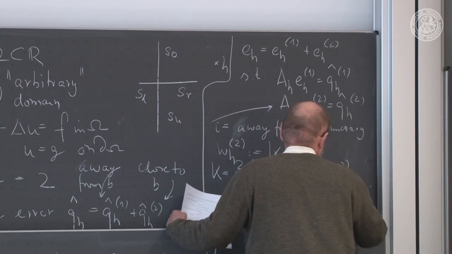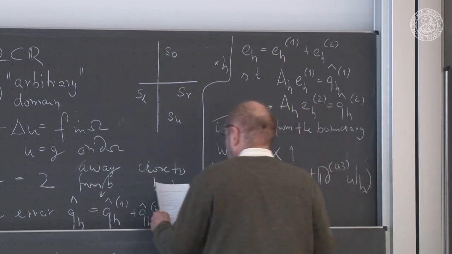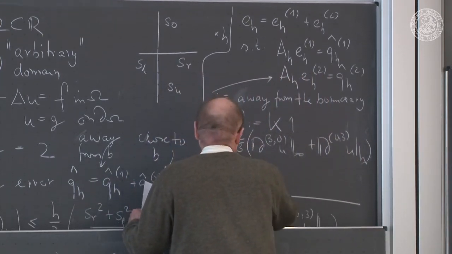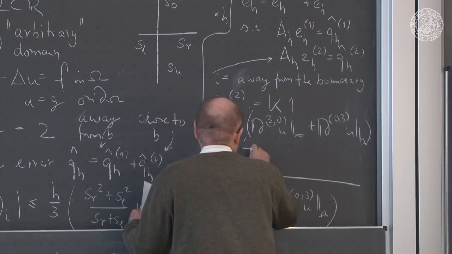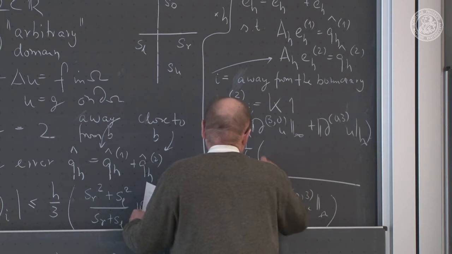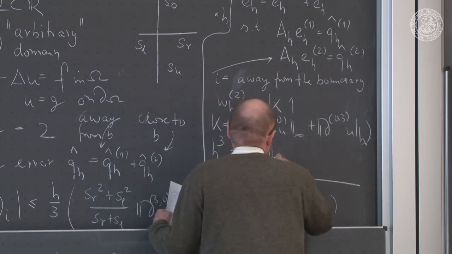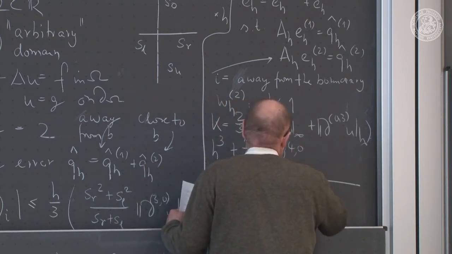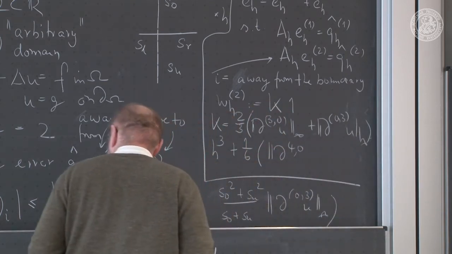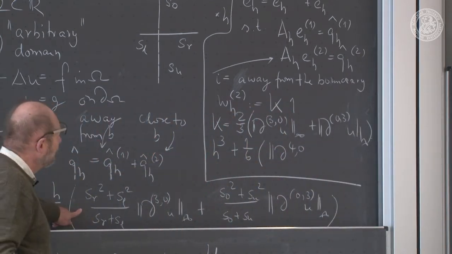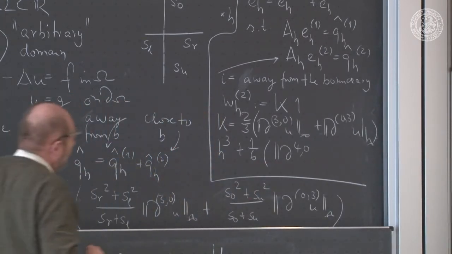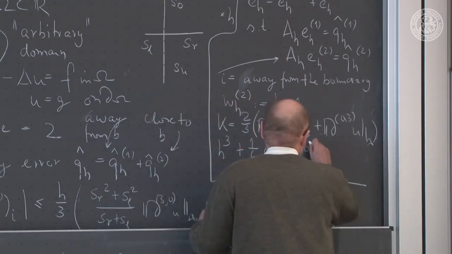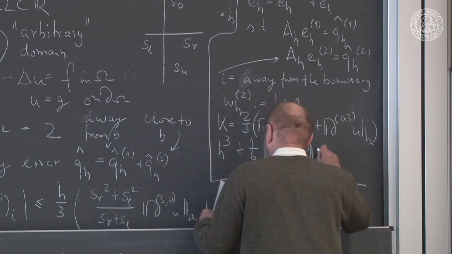Again, these quantities from the estimate of the consistency error appear, but now with a much larger power, h to the 3, and then I have something which appears with h to the 4. You see this has something to do with this type of estimate, and this has something to do with this type of estimate, which I have not written down explicitly. There we had the fourth order derivatives.